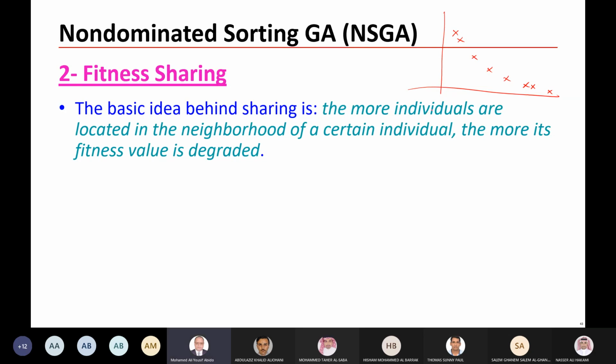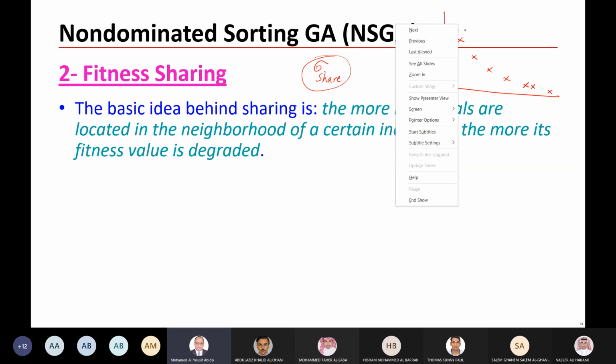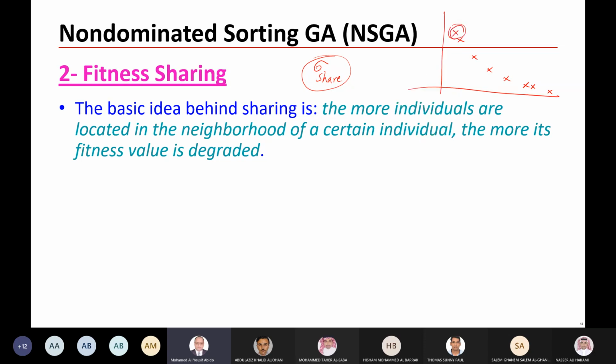Yes, Nasser? By the distance. Yes, you can write what we call sigma share. Sigma share is a distance. You can say, for example, any solution within a neighborhood, a circle here with this radius, 0.1 for example, this is a distance.